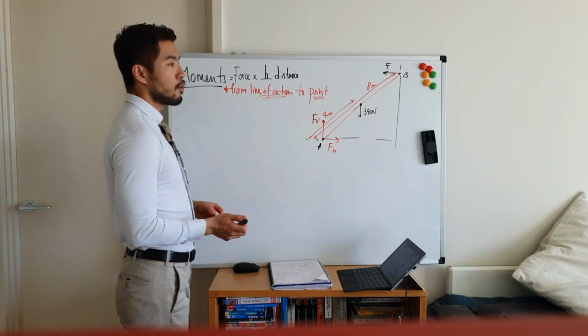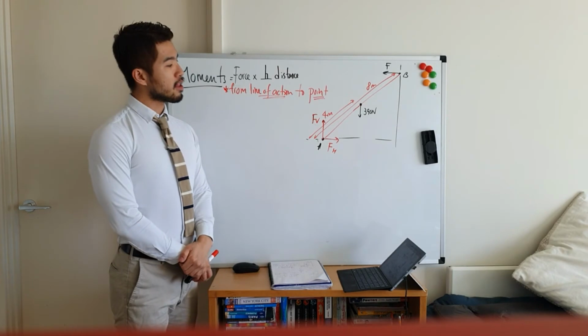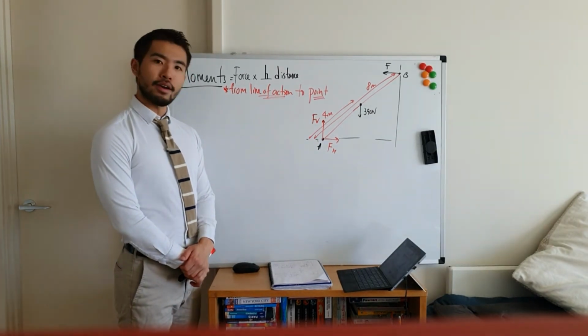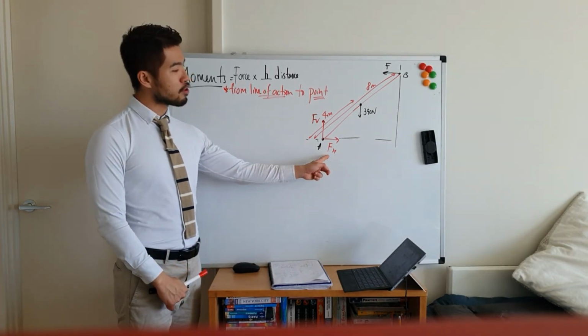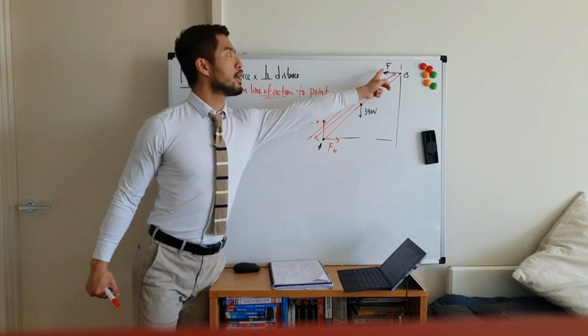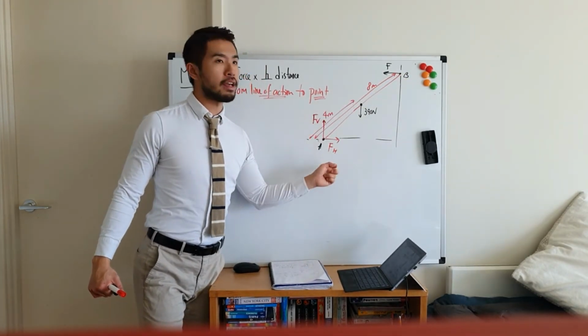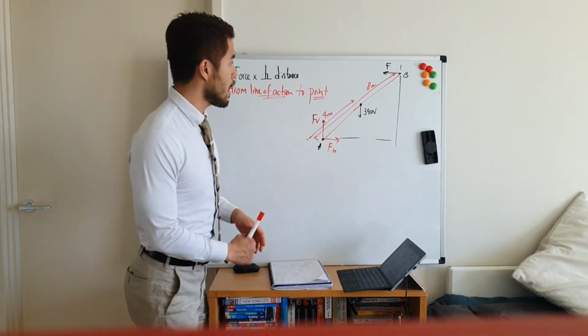Okay, so how do I make this work? Where do we have the most amount of unknown forces, A or B? It's going to be A because there are two unknown forces in here. There's one unknown force in B. So we can't take moments from B because this will leave us with two unknowns. So we will have to take moments from A.